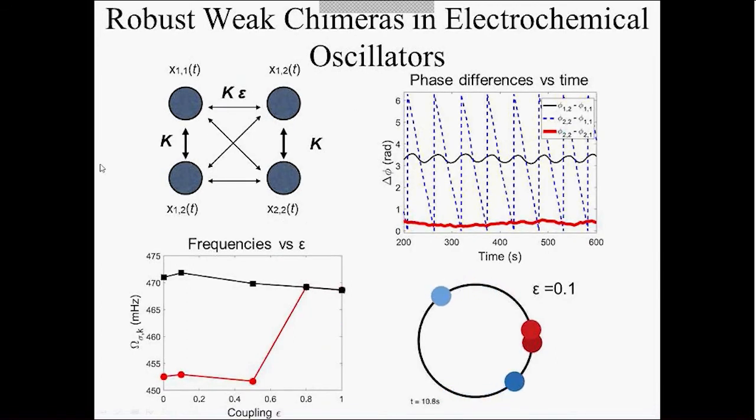When we apply this coupling, looking at the phase difference between the elements over time, we can see that the antiphase group remains antiphase, and the in-phase group remains in phase, and the phase difference between the groups is phase slipping.